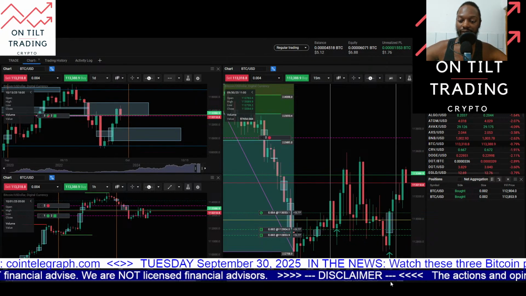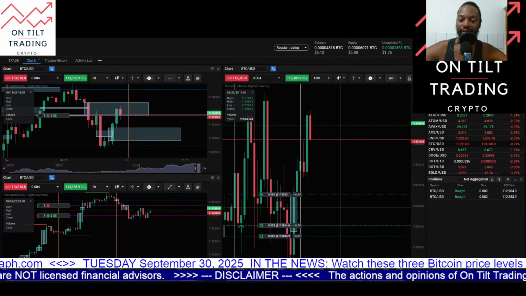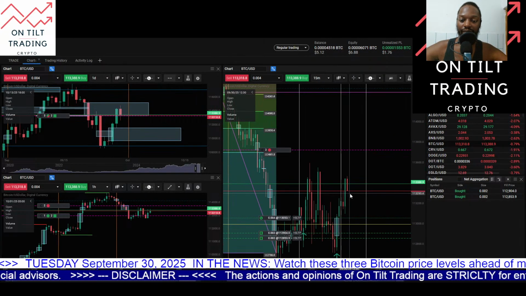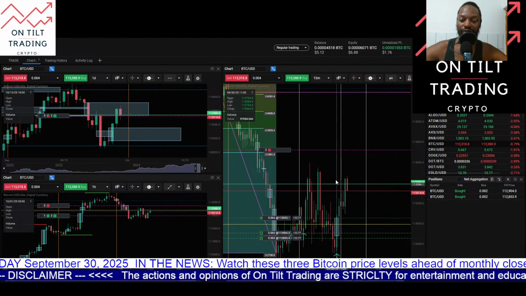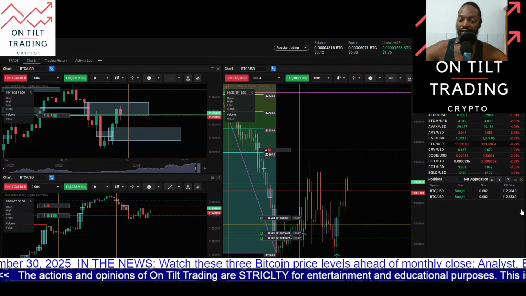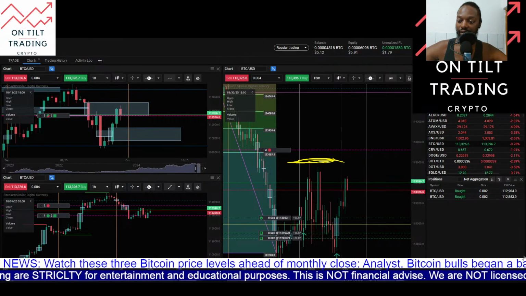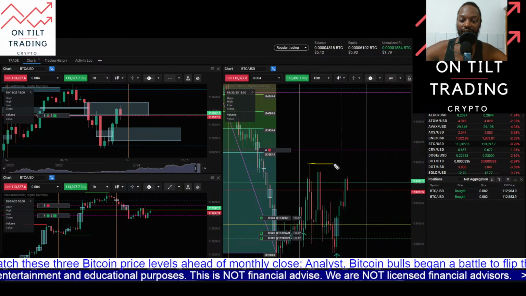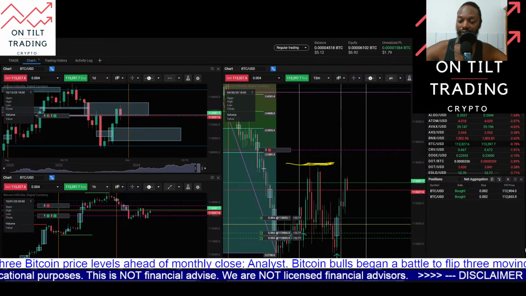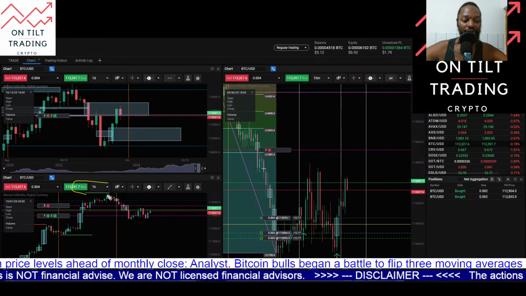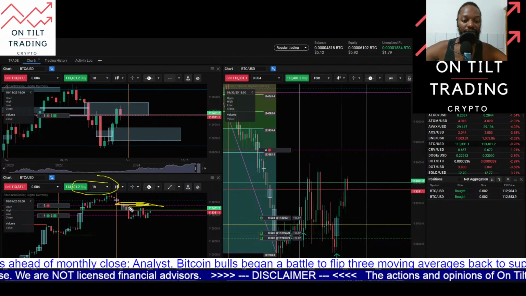That order is still in the marketplace, and we'll see if this pulls back to give an entry, or if there is continuation to the buy side liquidity resting above these relatively equal highs here on the 15-minute, also represented here on the 60-minute.